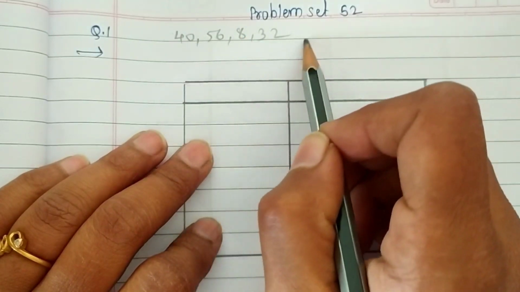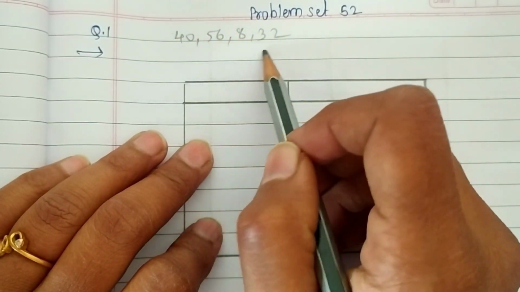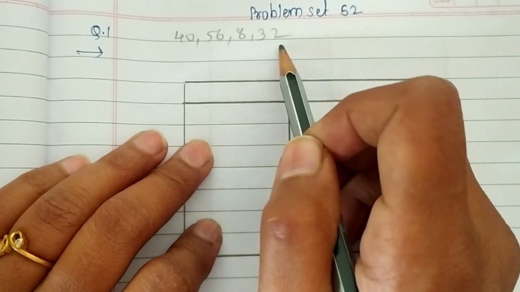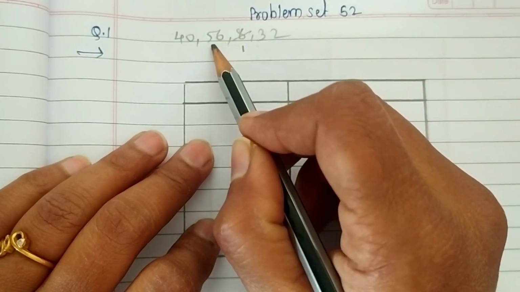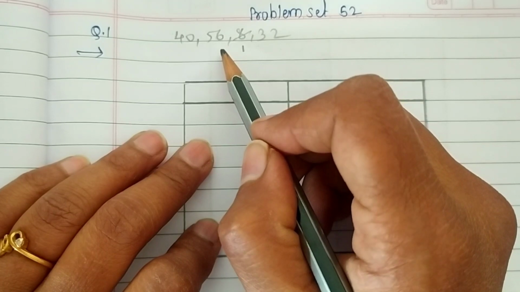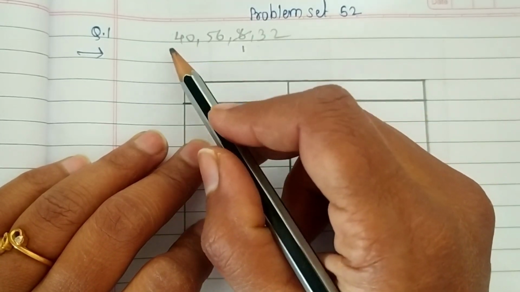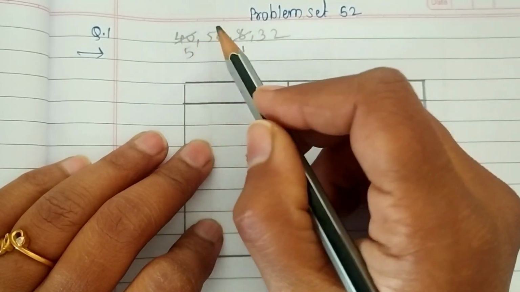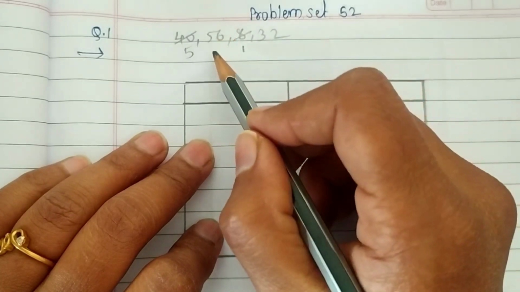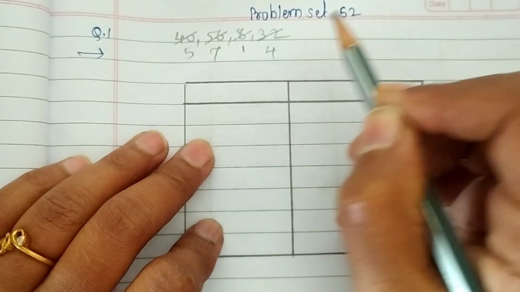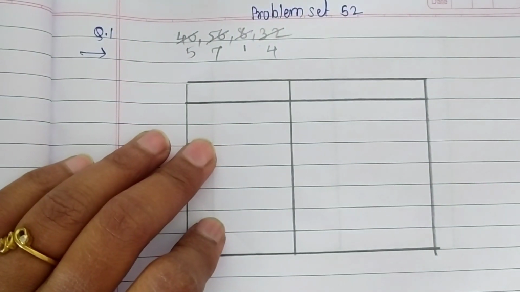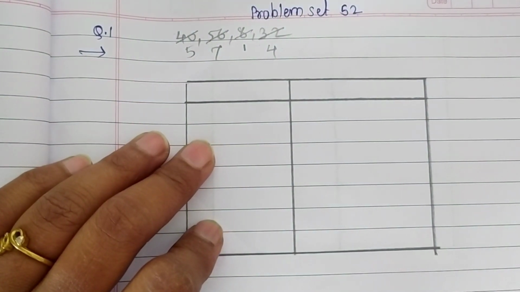When we observe these numbers, we find that all of them come in the table of 8. 8 ones are 8, 8 twos are 16, 8 fives are 40, 8 sevens are 56 and 8 fours are 32. Here all the numbers are divisible by 8.